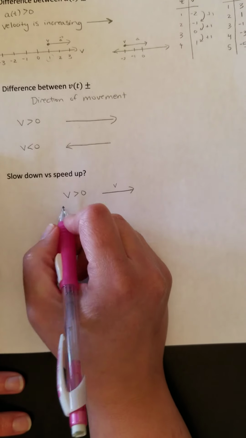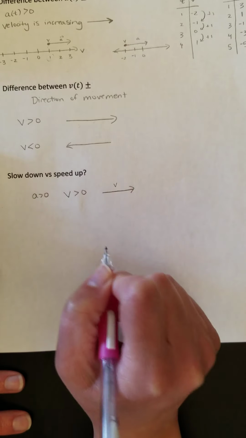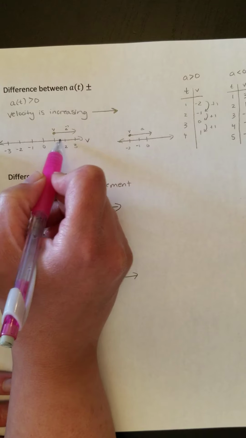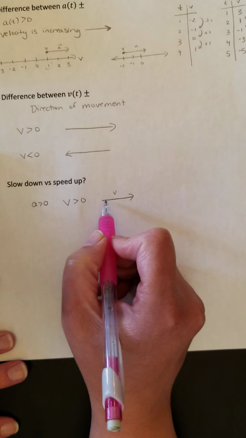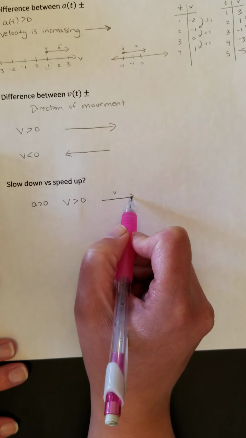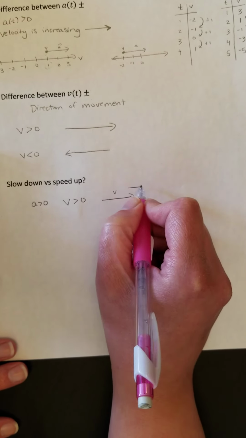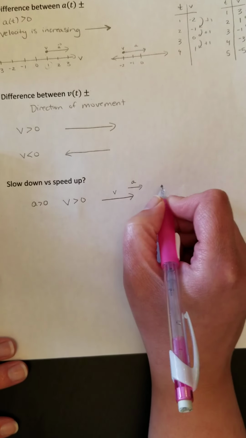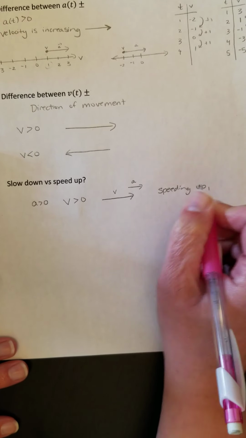So if v is greater than 0 and a is greater than 0, they're both positive, that's like back here. You've got a velocity on a positive side and the acceleration is increasing those values. So maybe your velocity was positive 10 and you've got an acceleration of 2, then your new velocity would be 12. So it's increasing. So acceleration is working with velocity to increase the value there. That will be speeding up, moving to the right.